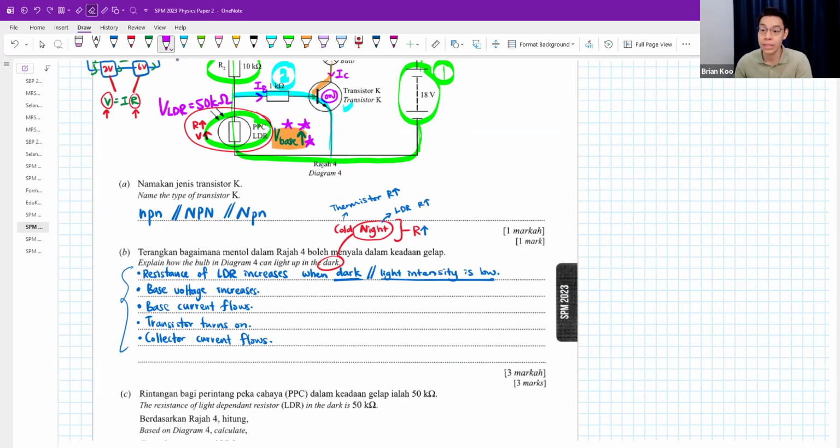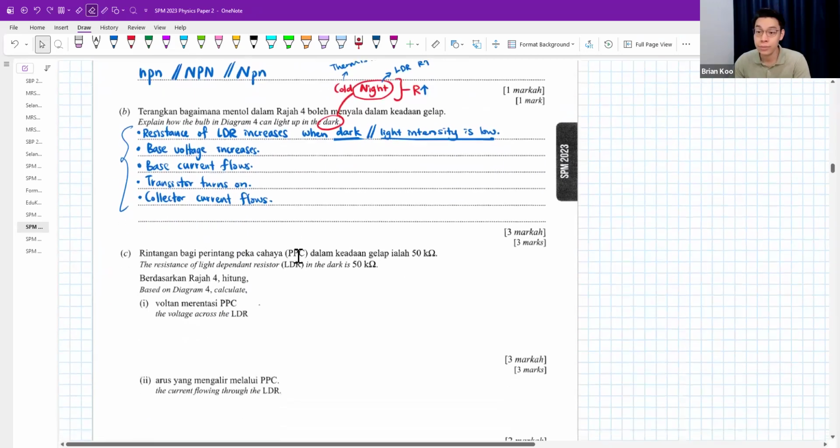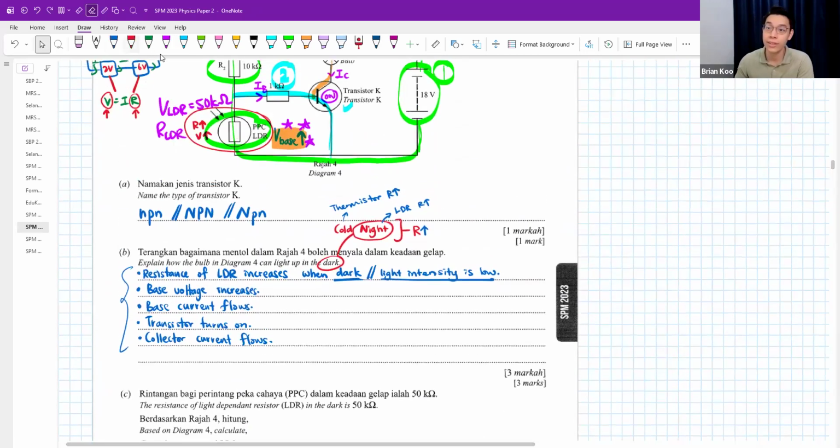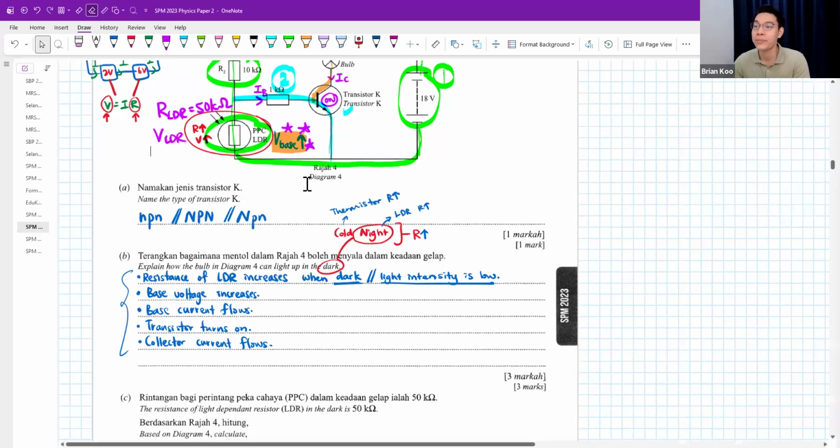Find the resistance of LDR. Hey, I'm so sorry. Sorry, a little sick today, so a bit of brain fog also. Okay, so the resistance is 50 kilo ohm. Find the voltage. Okay, all right.